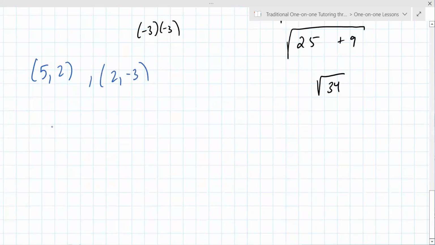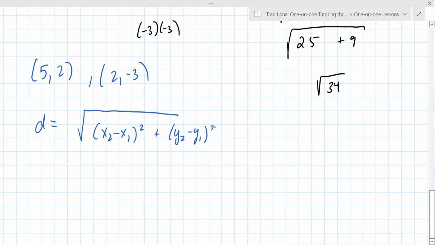The square root of x2 minus x1 squared plus y2 minus y1 squared. So we've got x1 and y1, x2 and y2. Let me just do my work right here.